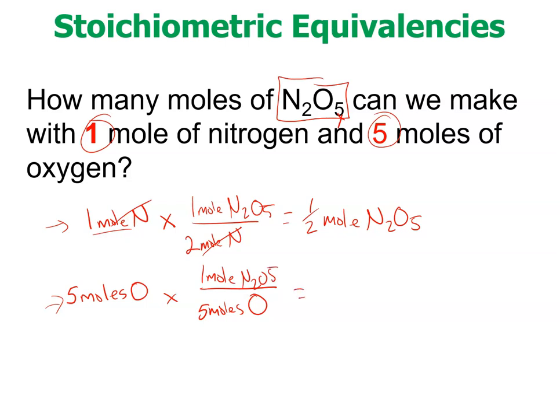So that is actually going to be 1 mole of dinitrogen pentoxide, right? 5 divided by 5 is 1. So which is the correct answer? Well, this is the idea where we come now to think about what is the limiting reagent.